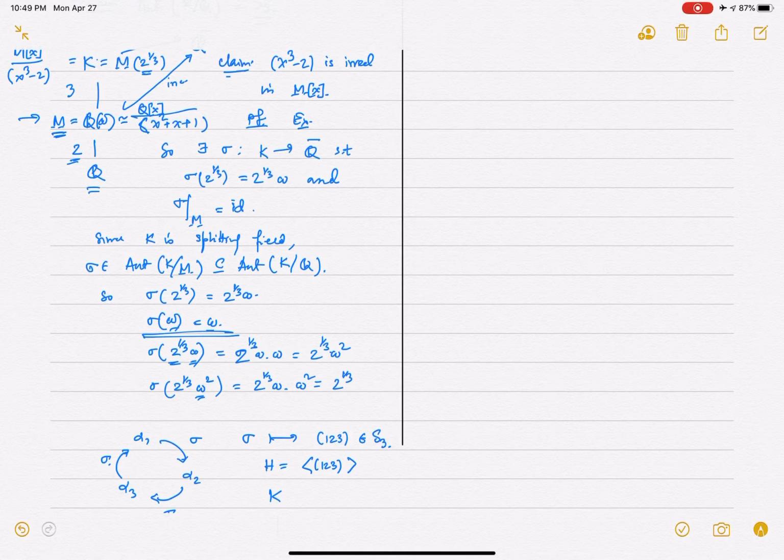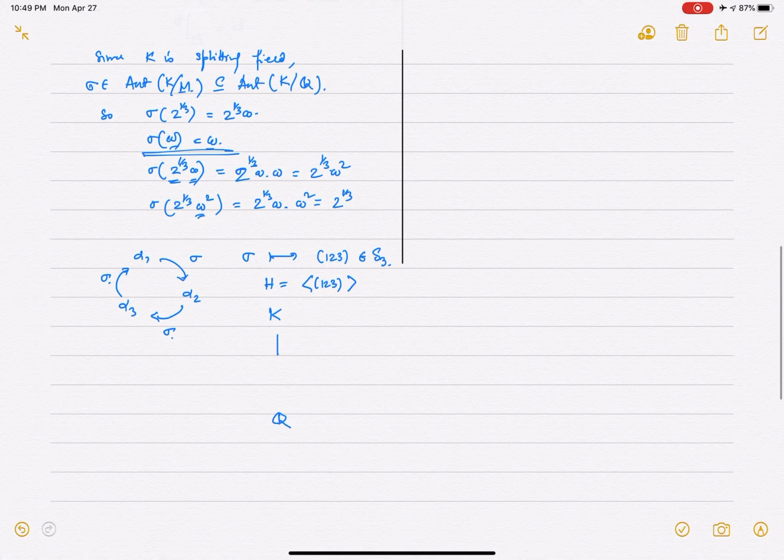So sigma of omega is omega. So if you look at k^H, that certainly contains Q(omega). But again, by general theory, later we'll see that this is actually equal. So in this case, if you take that subgroup of the automorphism group, then the fixed field k^H is this extension, Q(omega). So that's what these things sort of look like.